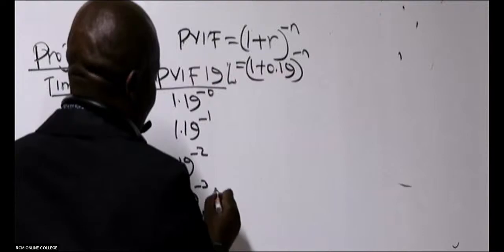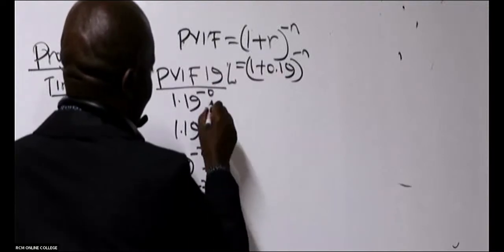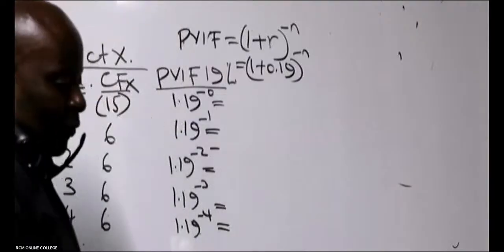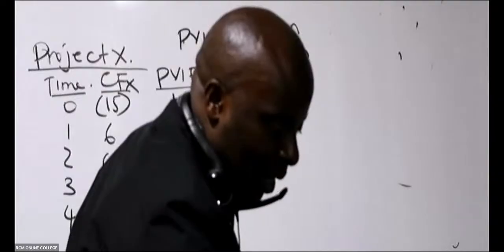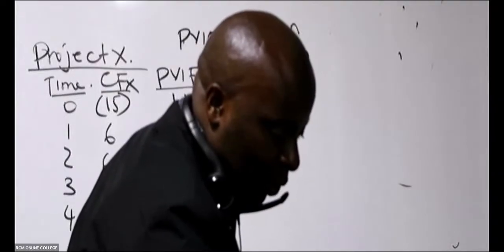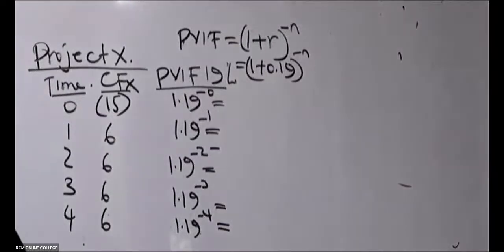Give me 4 decimal places. The first one, of course, is 1.